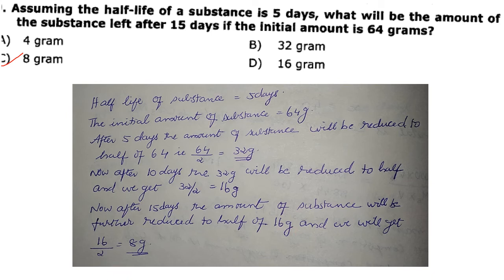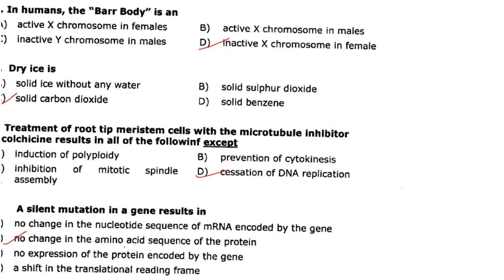So after 15 days, the amount of substance will be 8 grams. Answer is option C. Then in humans, the Barr body is an inactive X chromosome in females. Then dry ice is solid carbon dioxide. Answer is option C.